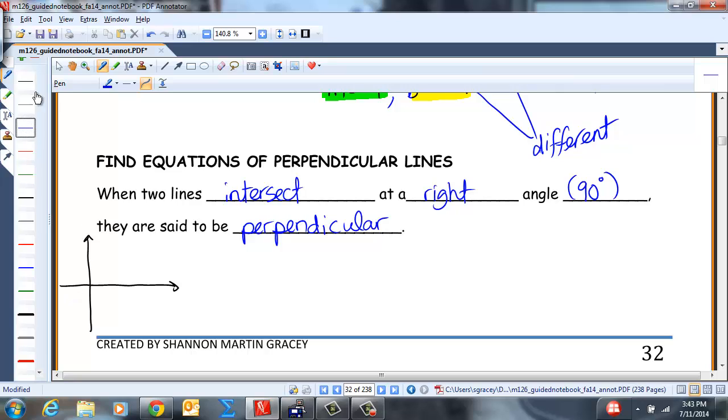So you have x and y, and you have, say, a line like this, and a line like this, and they meet at right angles. Okay.